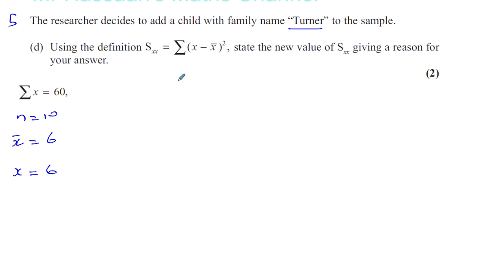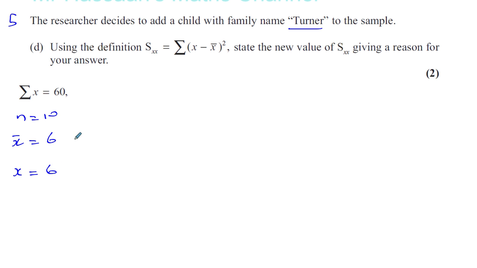So the sum of all the terms minus the mean represents, for those 11 names now, adding together the difference between the number of letters in the name and the average for those 11 names. Now, if you add a name, Turner, to the group, it has 6 letters, which is the same as the mean.